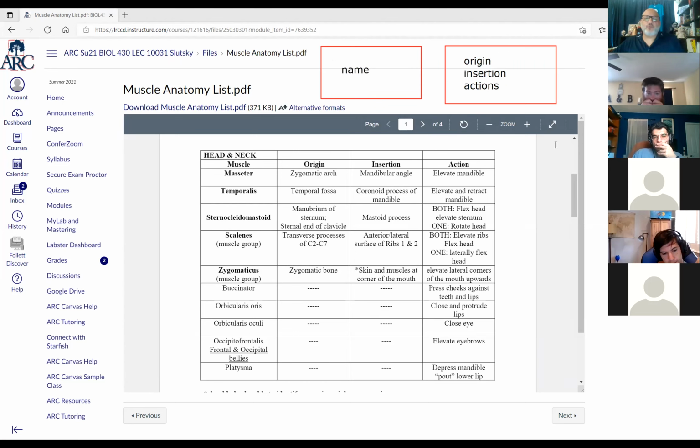And that is not a good way to study these, because my guess is about 25 to 30% of this lab exam will be bone pictures, where I will be showing you a bone feature that is either an origin or an insertion. And based on that, you have to figure out what the muscle is.